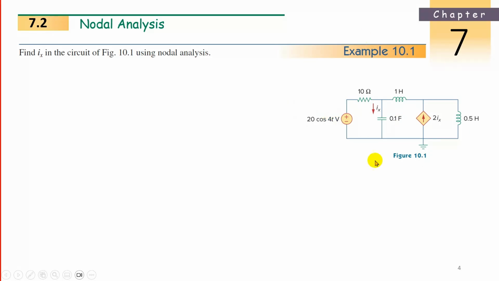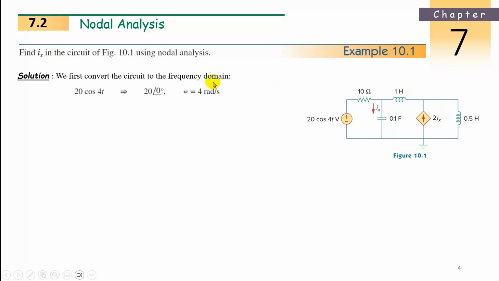Now all of this you have to convert into the frequency domain, or phasors, that is step 1. Then use node analysis, step 2. Okay, so we convert the circuit to the frequency domain. First one: 20 cos omega t, or 20 cos 4t, can be written as 20 at an angle 0, because it is in the format 20 cos 4t plus some degrees.